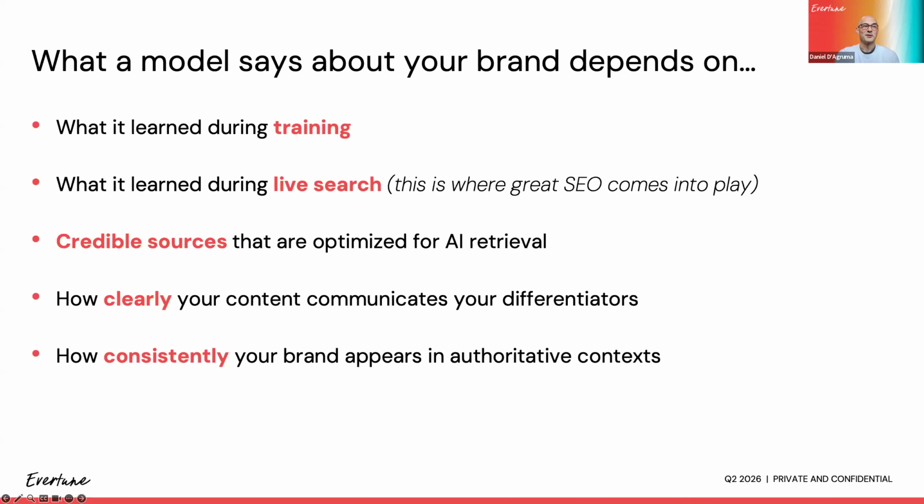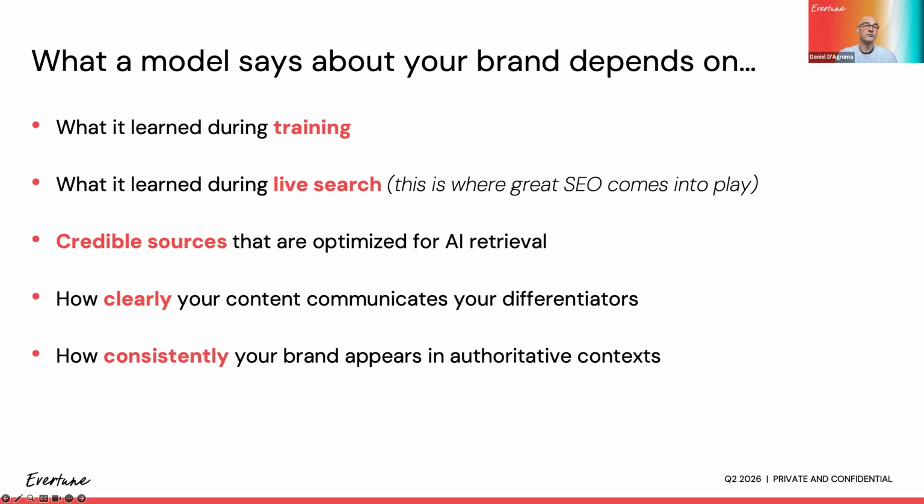And how clearly your content communicates your differentiators. If the nurse explained it better than the attending, it might use the nurse's suggestion. And how consistently your brand appears in authoritative texts. So, are the nurse, the attending, the test results, and your intuition all suggesting the same diagnosis or treatment?